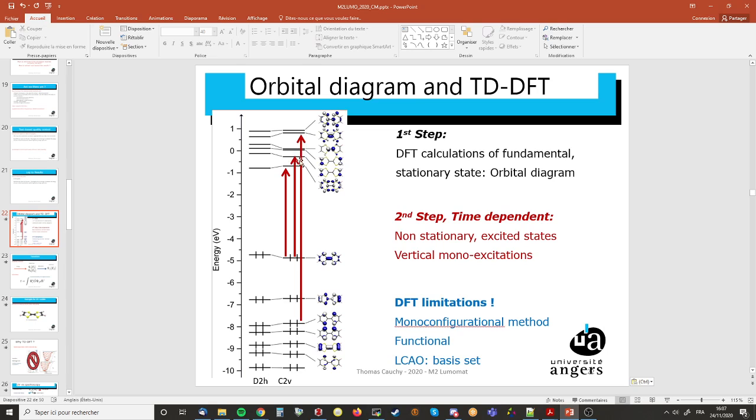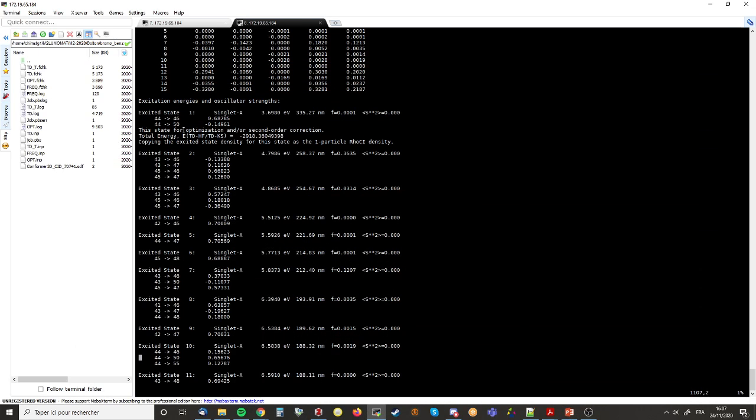So to compensate, what you have in information is a linear combination of all the transitions that you need to take into account to have the correct density displacement.